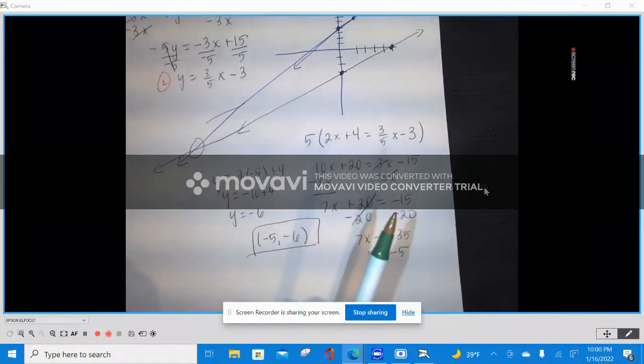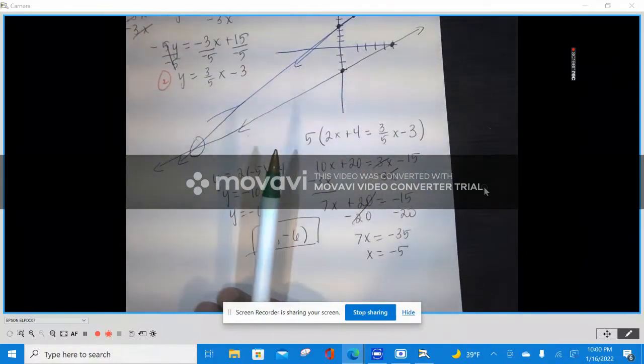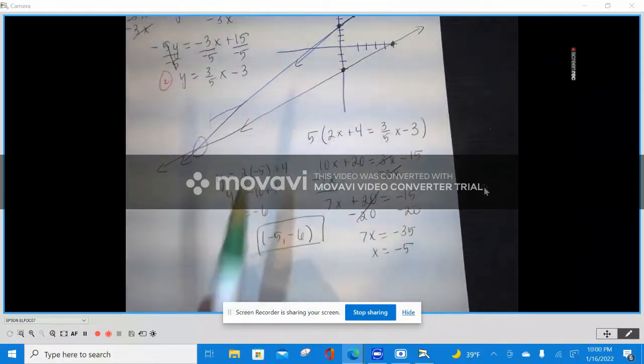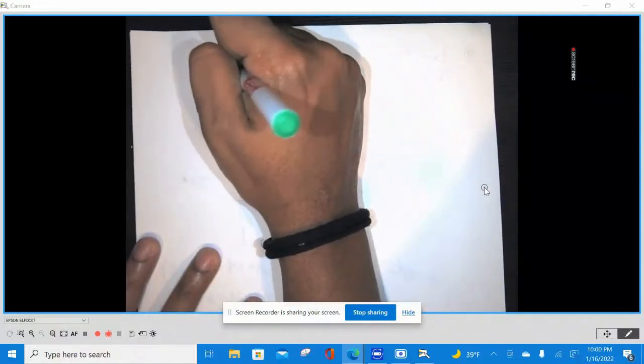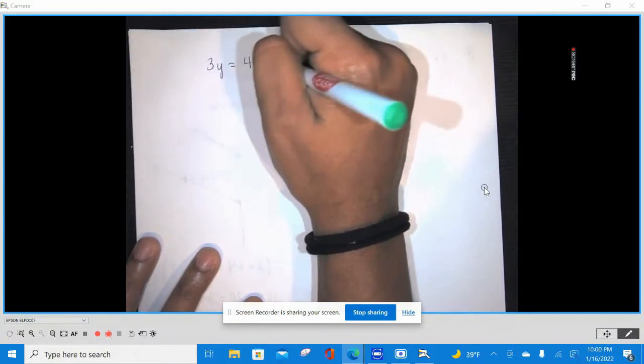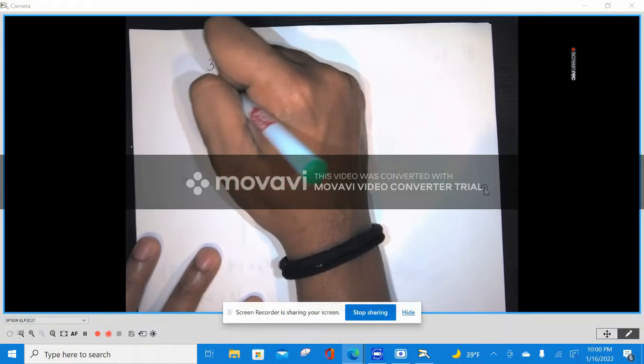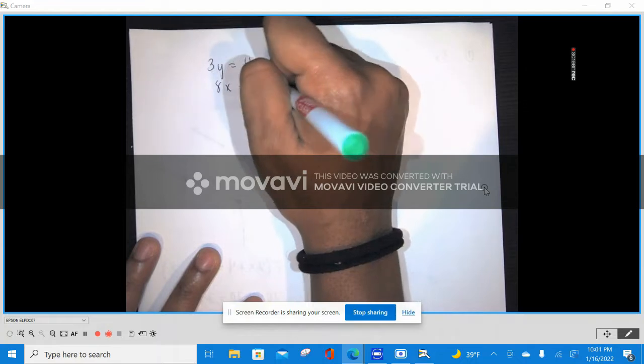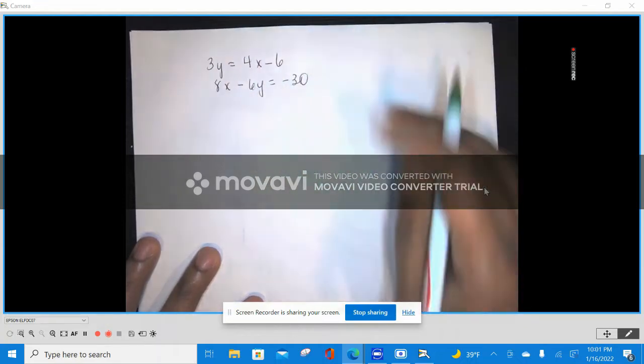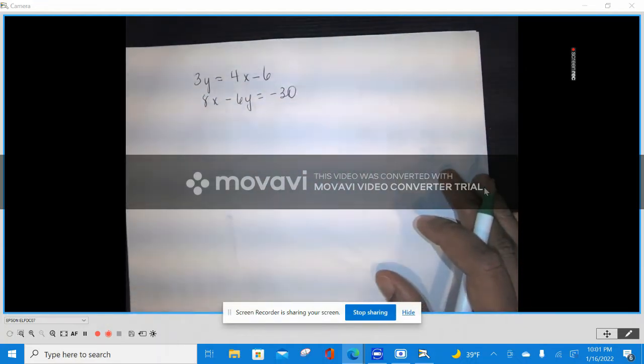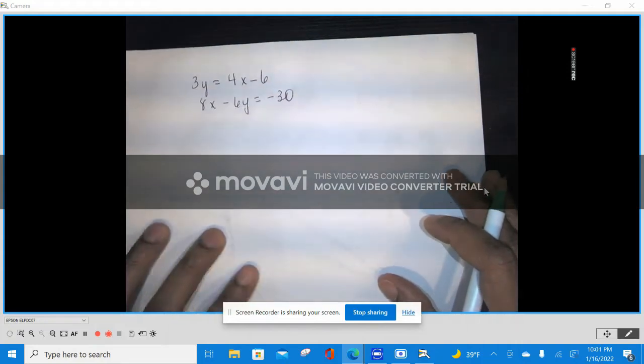All right, so now for number 4, I'm looking for graph paper and I realize I don't have it, but I'm going to keep with the same method. So for number 4, they gave you these 2 lines in the system. Again, we want to get them in slope-intercept form.